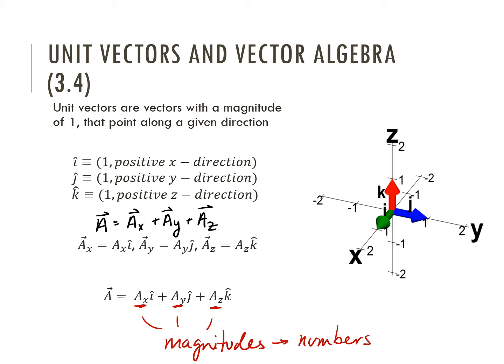Having a negative sign in front of it just tells you that instead of pointing in positive x, y, or z, it points in the negative direction instead. So we have magnitudes, and this i hat, j hat, k hat gives us the direction for our vector. So now we have the two representations of a vector.